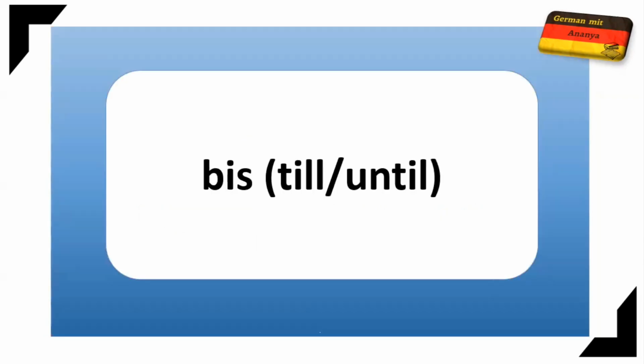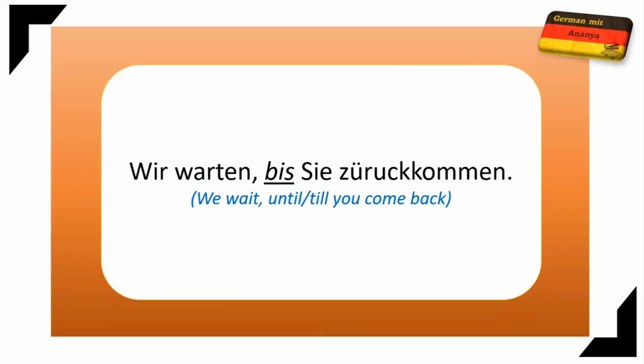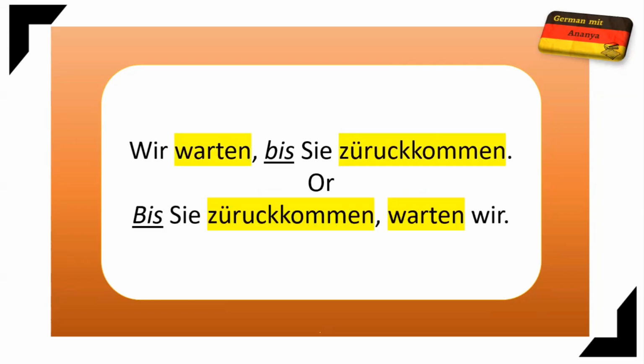Next, bis, which means till or until. Wir warten, bis sie zurückkommen. We wait until or till you come back. Or bis sie zurückkommen, warten wir. Same rule, verb comma verb or Hauptsatz and then Nebensatz.